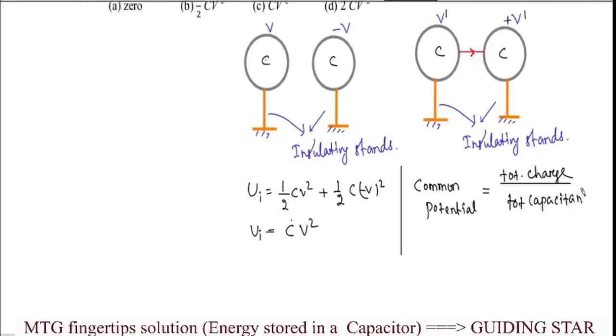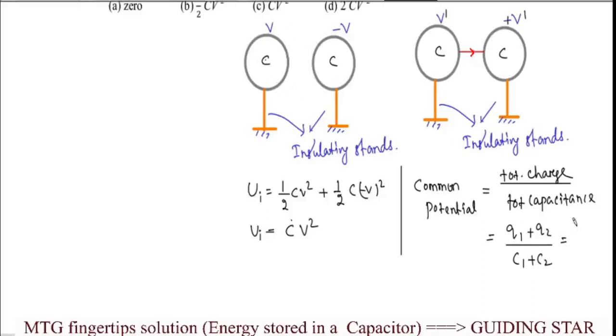Total charge is the individual charges Q1 plus Q2, divided by total capacitance, which is C1 plus C2. But C1 and C2 are C each. And what is the total charge that is initially present in the given spheres?